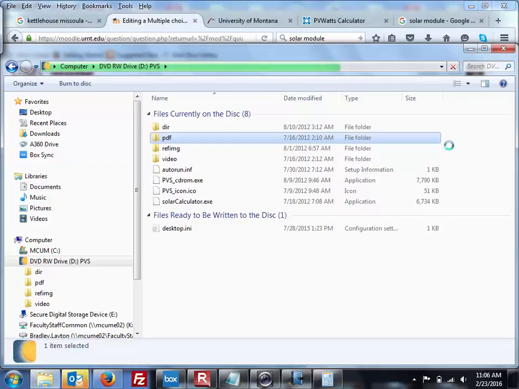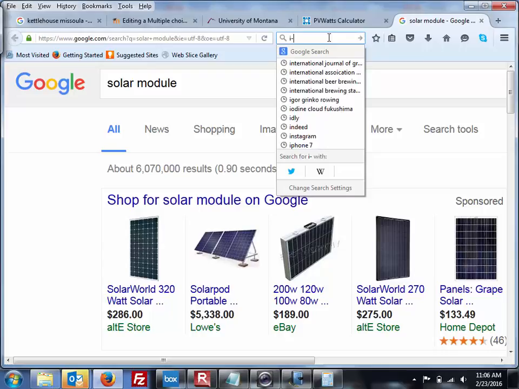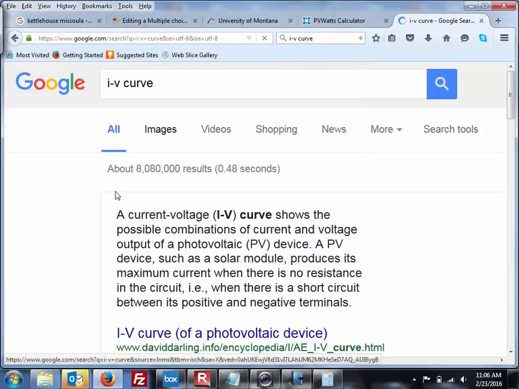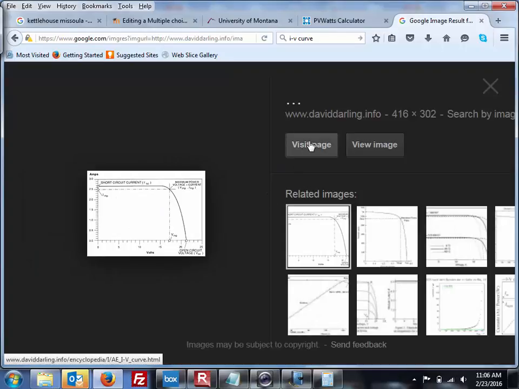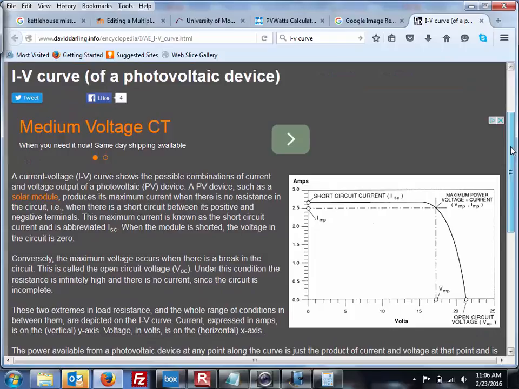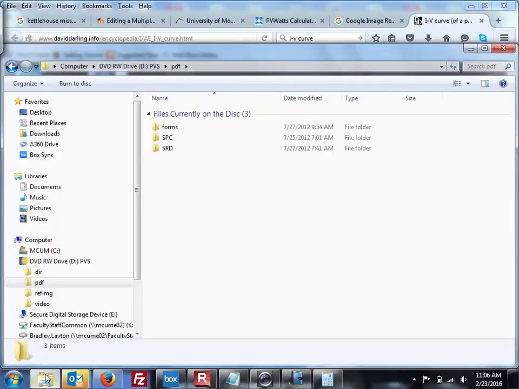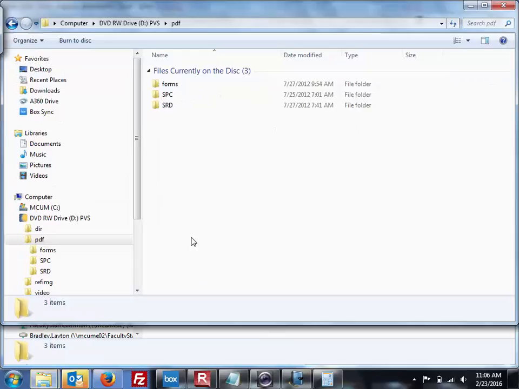Taking a while to open. I thought the PDF might have an IV curve or two on it. Let's just go out here for a second. Yeah, so this thing, and I'm almost positive.